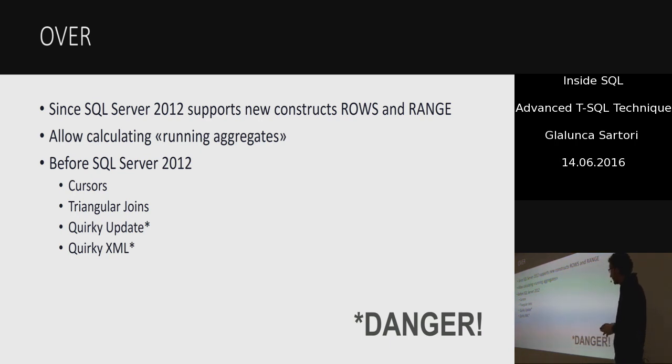Then we have two solutions that are called the Quirky Update and Quirky XML. Quirky, the name says it all. It's dangerous, it's not guaranteed to work, but it actually does work, and it's based on observation, not on any documented behavior.